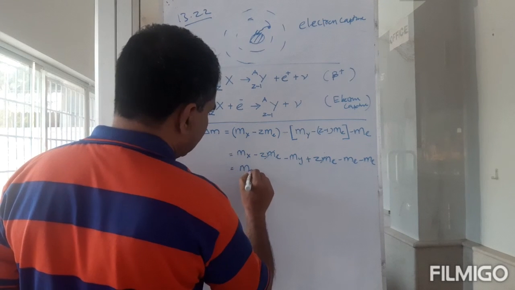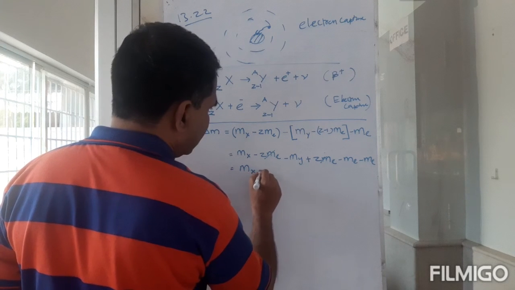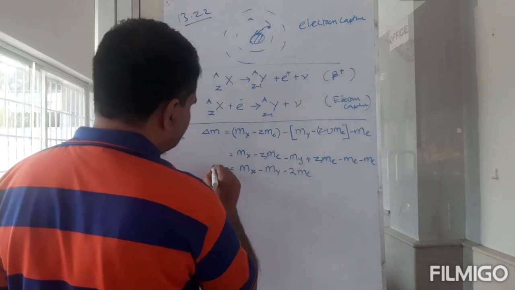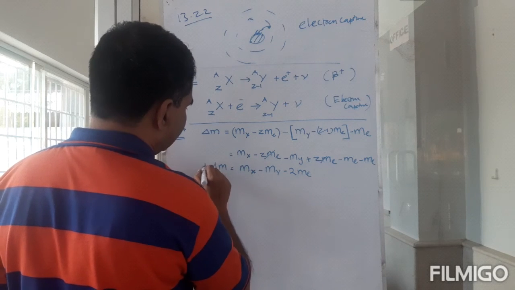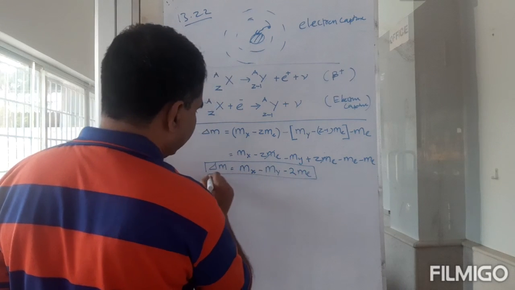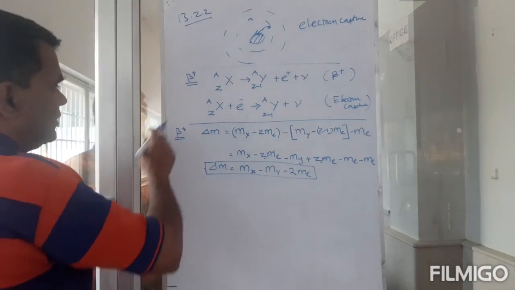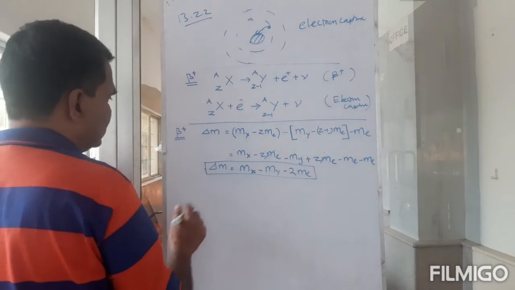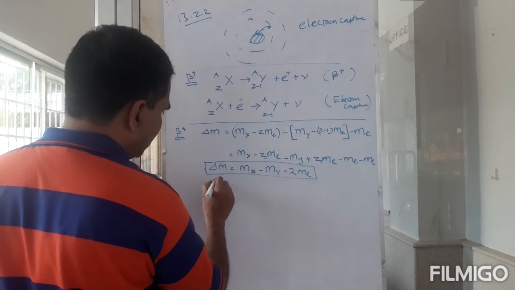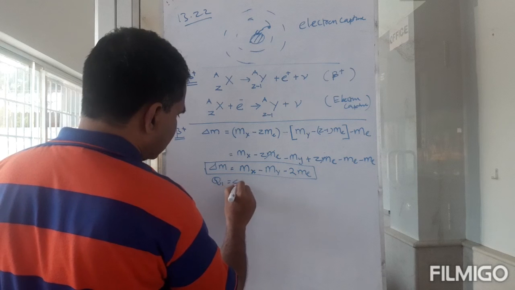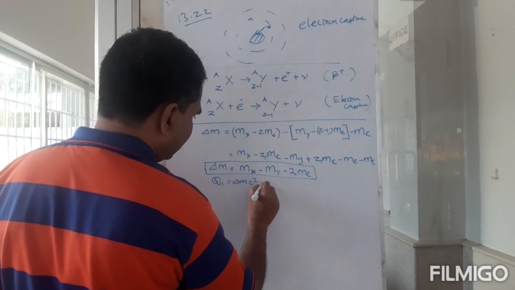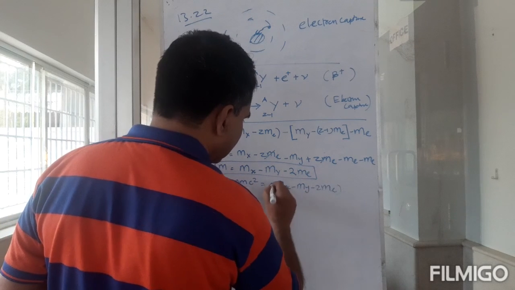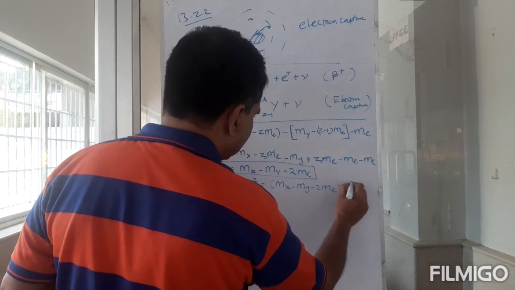So you get atomic mass X minus atomic mass Y minus 2me. So that is the delta M for this. Then what is the energy? This will be times c squared. That's the energy, right? So I'll call this process 1: Q1 is equal to delta M c squared, which is equal to (Mx minus My minus 2me) c squared.